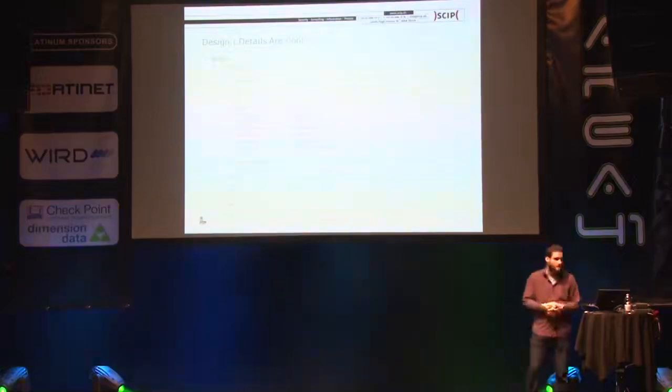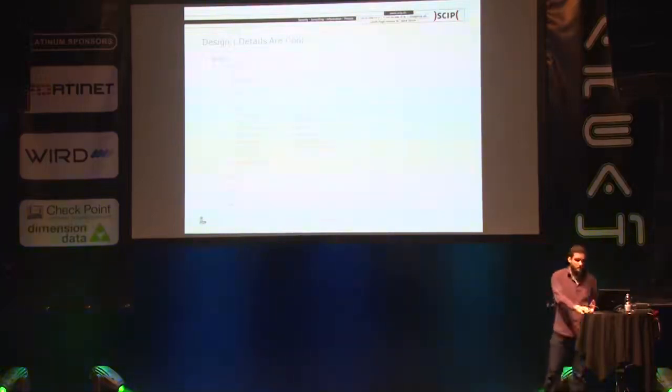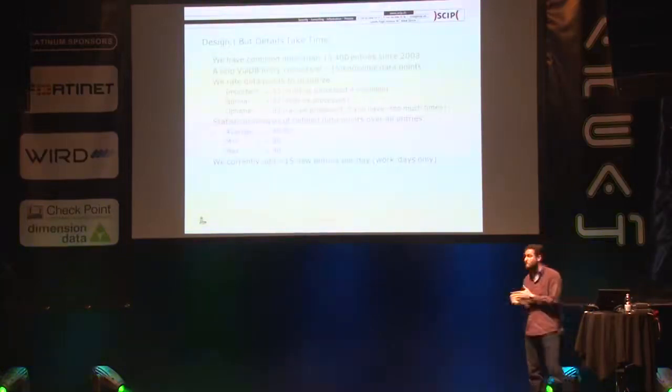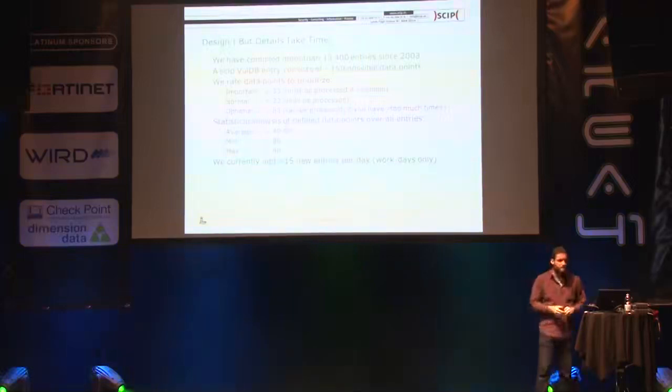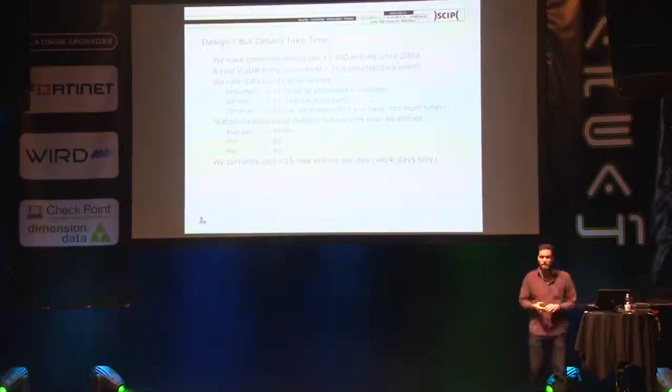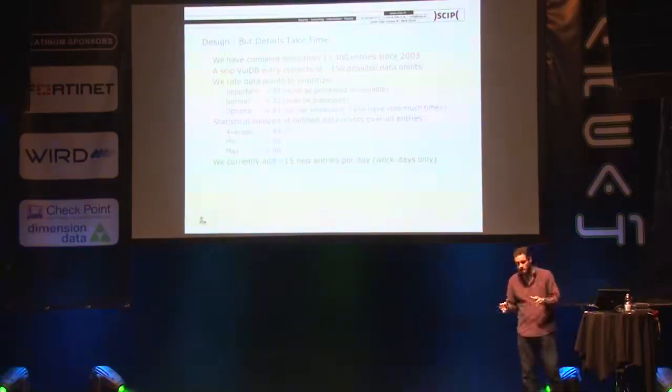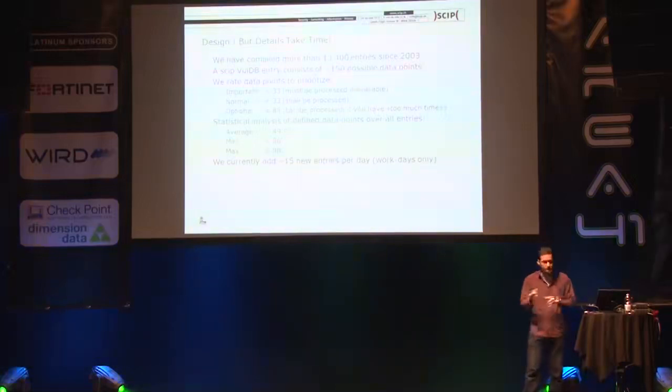And stuff like that. And the problem is, the more details you are collecting, the more data you have to mangle. We have, in the last 11 years, compiled more than 13,000 entries, and we use approximately 150 data points per entry.